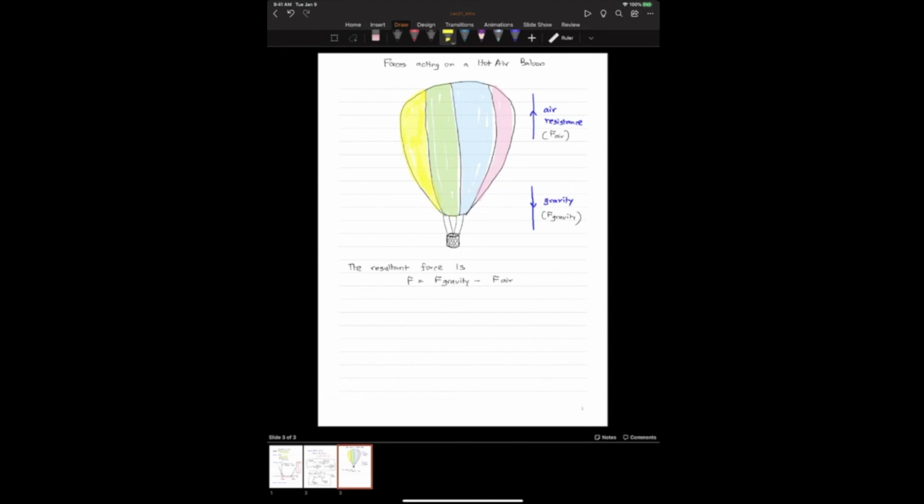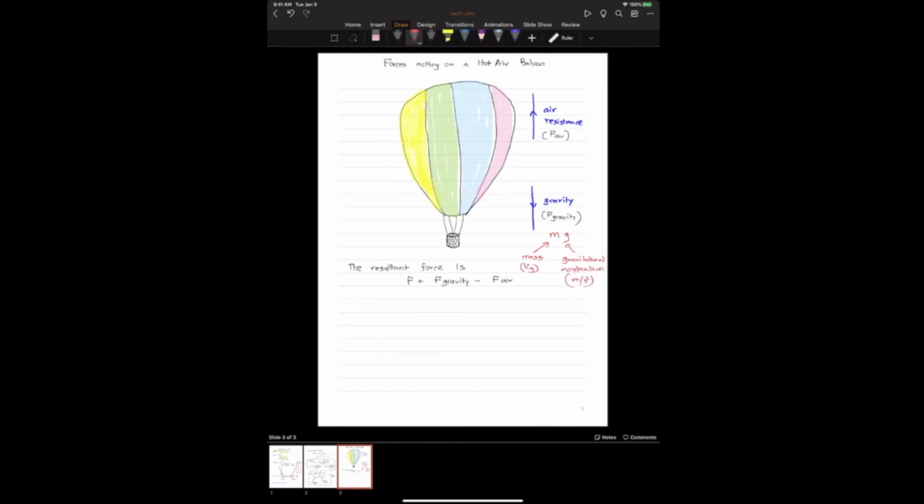Now, it is known through physics that the gravity force is mg, where m is mass and g is gravitational acceleration. So let me write that. g is in meters per second squared, and mass is usually in kilograms.